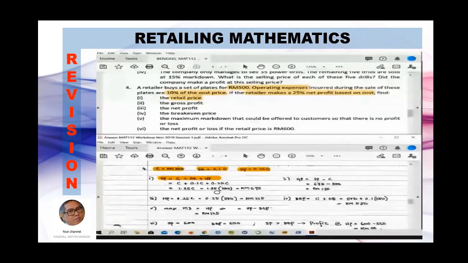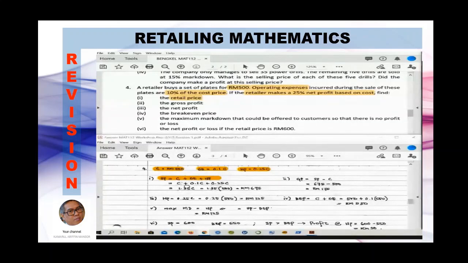So kat sini kita ada nilai C, kita ada nilai OE, kita ada nilai NP. So kita boleh selesaikan C sama juga dengan C, OE adalah bersamaan juga dengan 0.1 C dan NP sama juga dengan 0.25 C. So that means kita akan dapat 1.35 C. So macam mana dapat 1.35 ni?